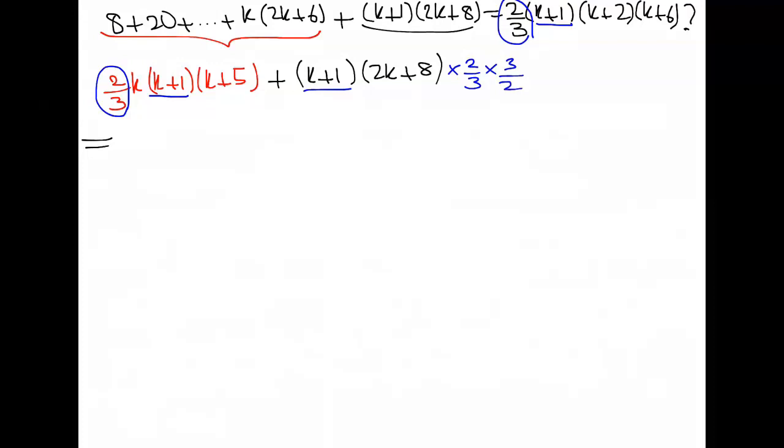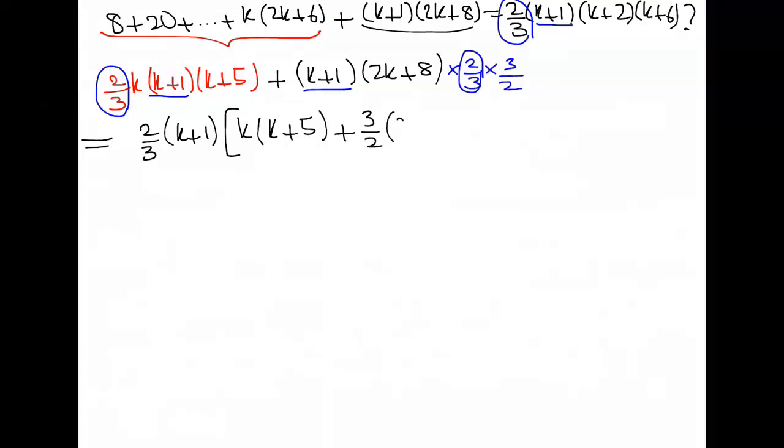So now I have a 2/3, which I can also factor out with the other common factor, which is k plus 1. So I end up with 2/3 into k plus 1 factored out into the remaining terms, which are k into k plus 5 plus 3/2 into 2k plus 8.